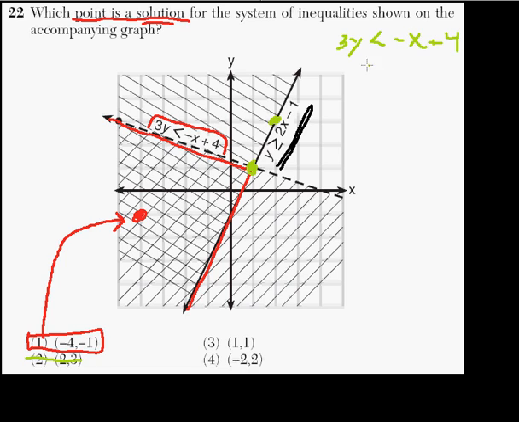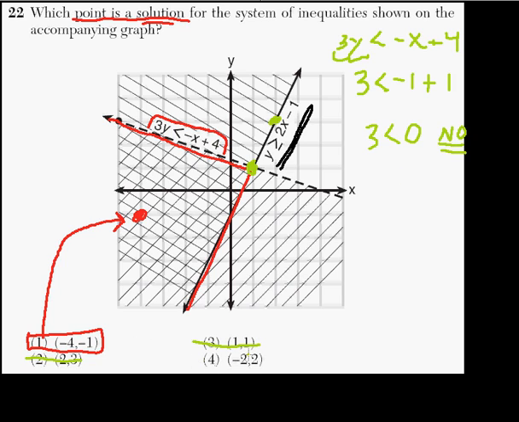If we take the point 1, 1 and put that in there, 3 times 1 is 3, and this has to be less than -1 plus 4, because I put 1 in for x. So 3 is less than 0? No, that's not true at all, and that's why choice 3 is not a solution.